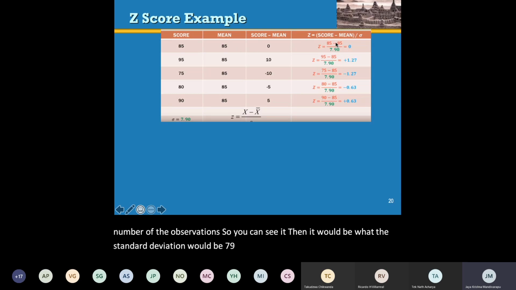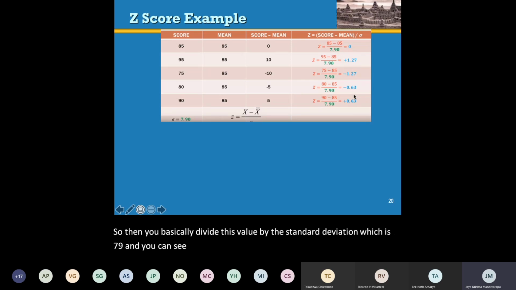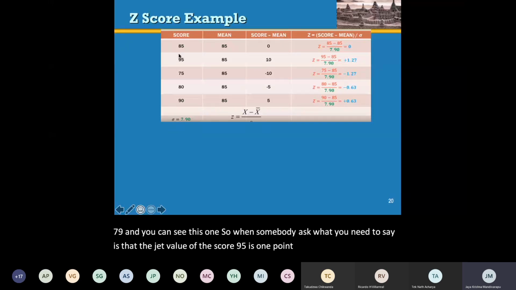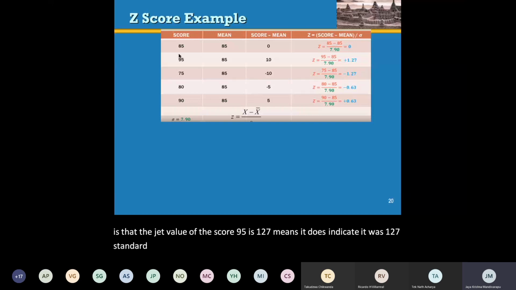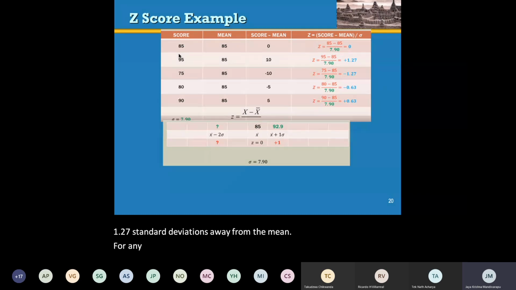Then you divide this value by the standard deviation, 7.9. So when somebody asks, you say that the Z value of the score 95 is 1.27, which indicates it was 1.27 standard deviations away from the mean. For any given point you can calculate it like this.